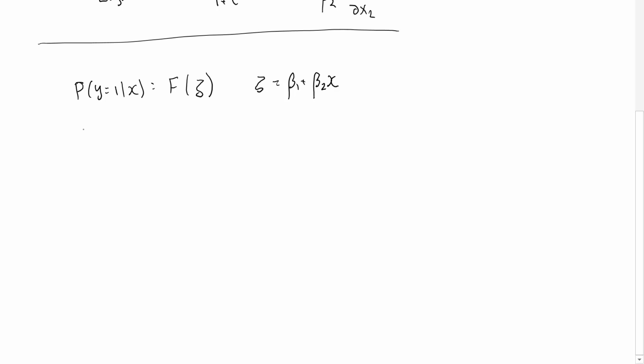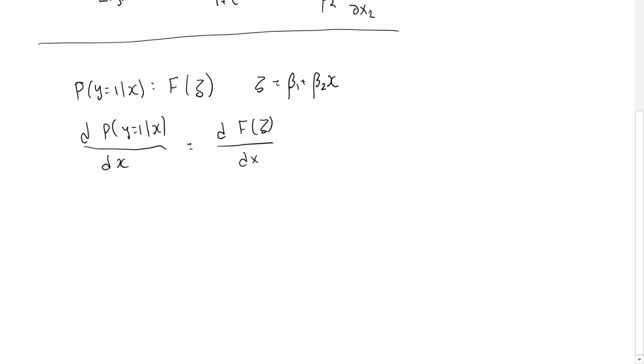So all we have to do is to figure out the change in this probability, which is also the change in the expected value, of course, with respect to x. And that is then d f of zeta dx, because the probability is f of zeta.